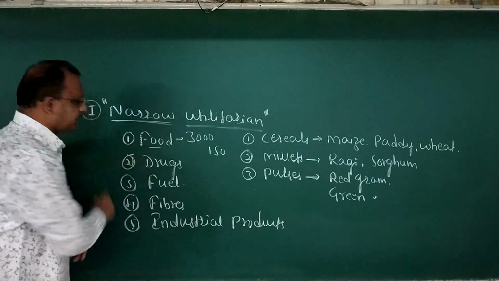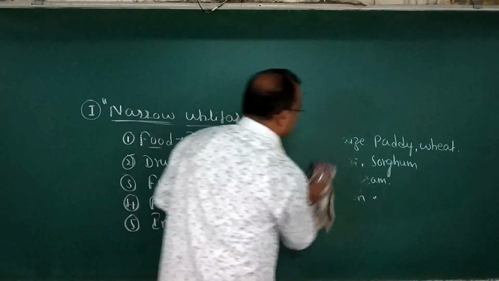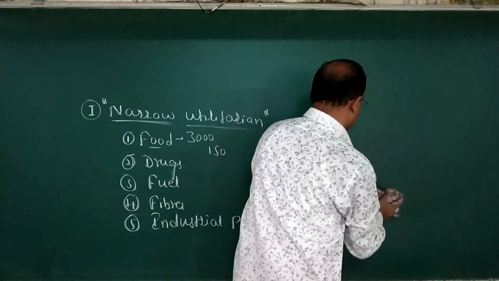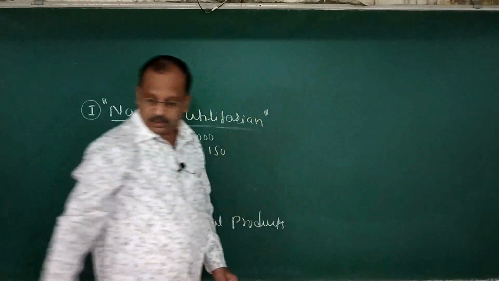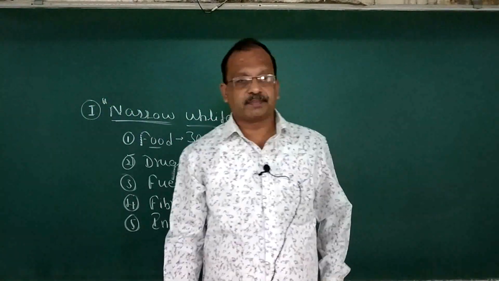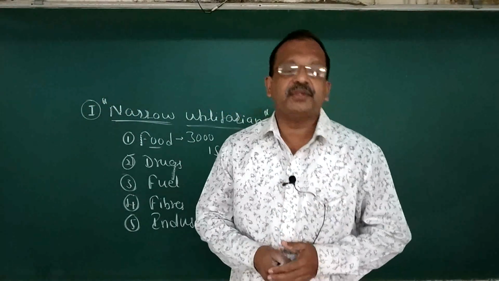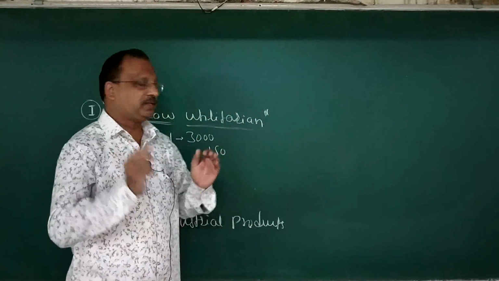Next second matter is drugs. Okay. So drugs here, don't get confused with narcotic drugs. The drugs which affect the nervous system are called narcotic drugs. Here drugs are nothing but medicines.